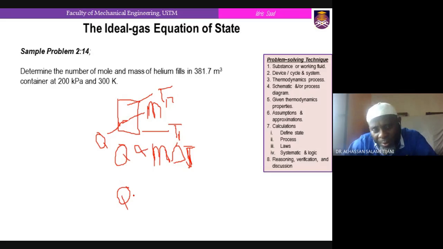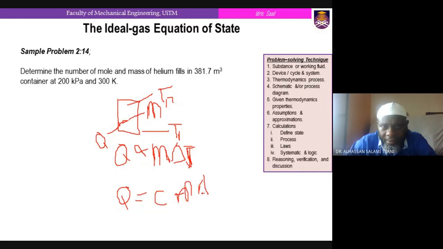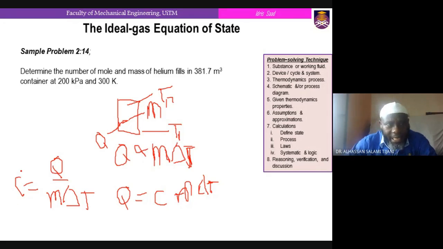If you remove the proportionality sign, we introduce a new constant. This new constant is called C, and it is given by Q equals C times M times delta T. So now this C can be defined like this: C equals Q divided by M times delta T. This C is what we call specific heat capacity.